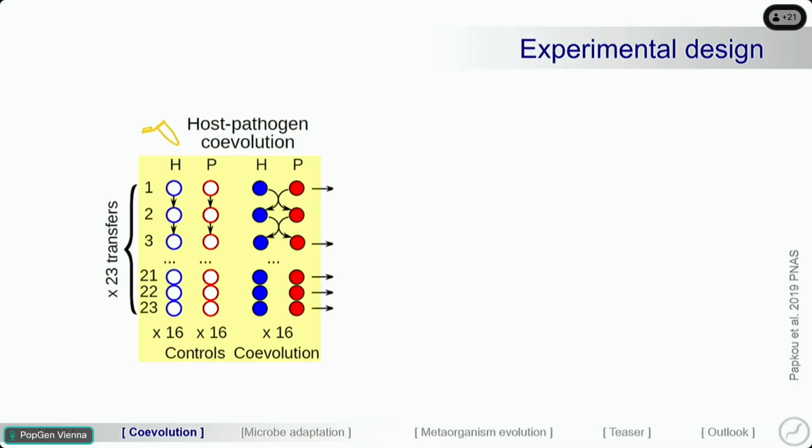So what we did is we performed a coevolution experiment where we had host and pathogen co-evolving with each other over 23 transfers, and we replicated this 16 times. And as controls, we had the host evolving under the same experimental conditions without the pathogen, and we also had the pathogen evolving under the same conditions without the host for the same time period.